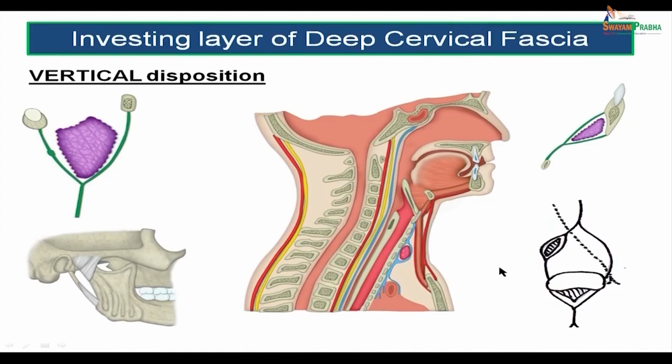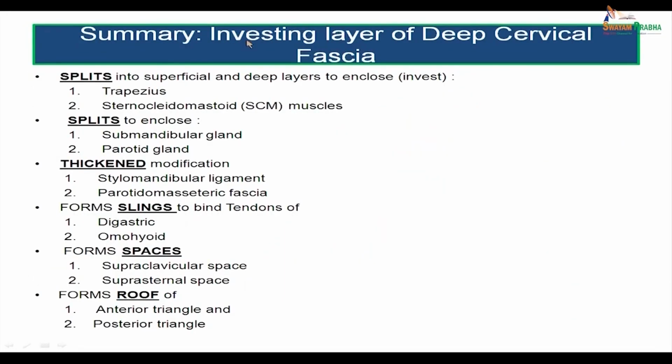It splits to enclose a space called the suprasternal space, and it splits to enclose a space called the supraclavicular space. To summarize, the fascia splits to enclose two muscles, trapezius and sternocleidomastoid. It splits to enclose two glands, the submandibular gland and the parotid gland. It is thickened to form the stylomandibular ligament and the parotidomasseteric fascia.